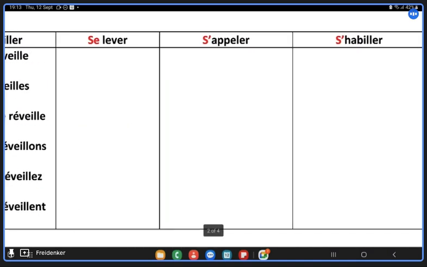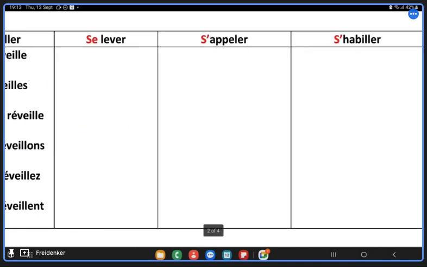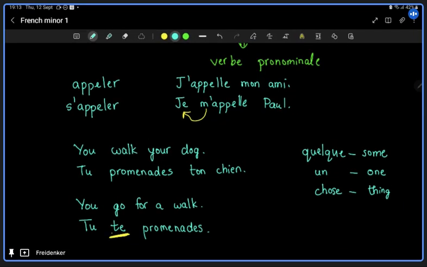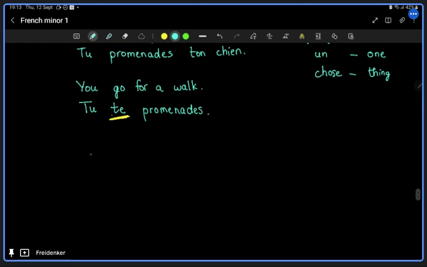You will have to look at the conjugations of the other verbs as well. Some accents, you'll have to take care of accents in some places. You'll get the accent problem in these verbs. In appeler, there's no accent, but you'll have to take care of the L. Accent problem you'll get in lever.